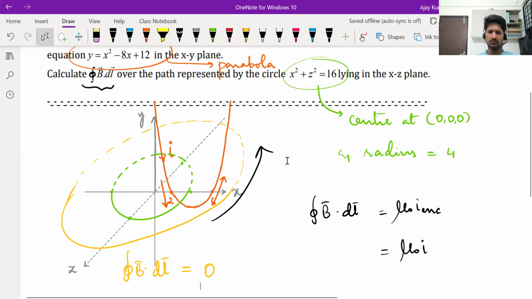So this question is to test both a little bit of physics and a little bit of mathematics also. And in JEE, you can very well expect such questions. Okay, let's try one more question from the worksheet.